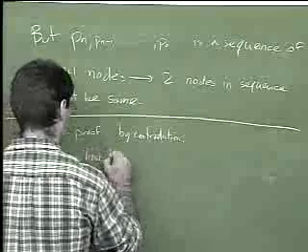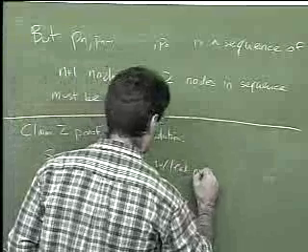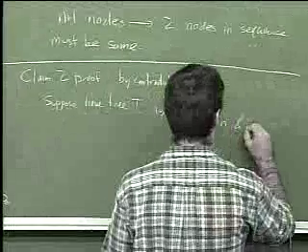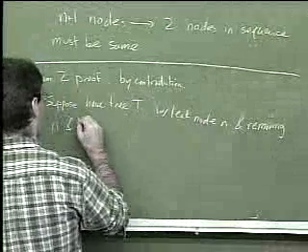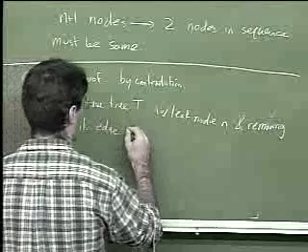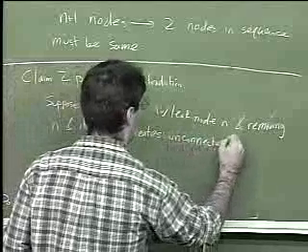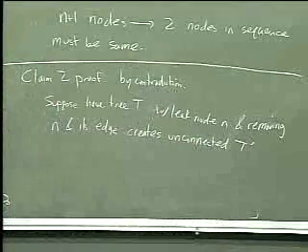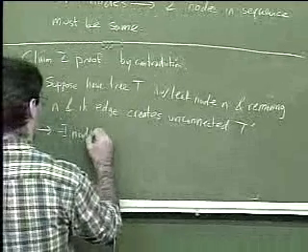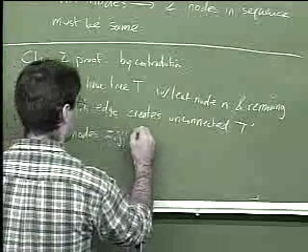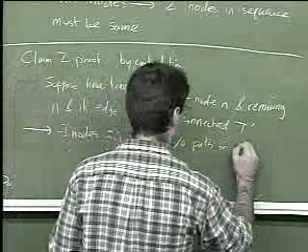Suppose you have a T with leaf node n, and removing n and its edge creates an unconnected graph T prime. So what does it mean for it to be unconnected? Then there exist nodes i, j in T prime without a path from i to j.